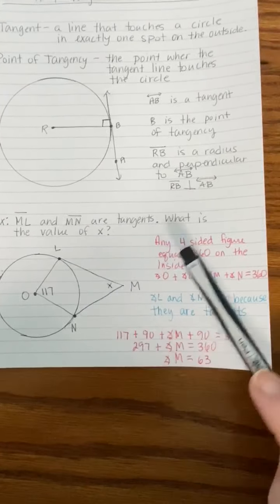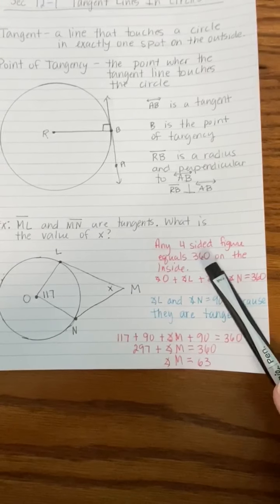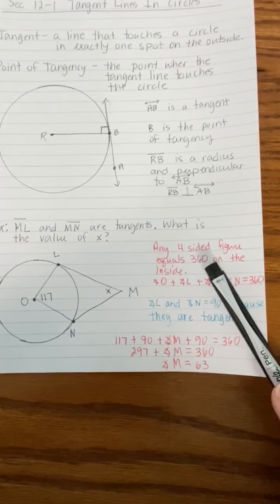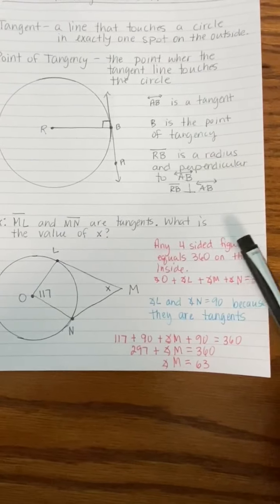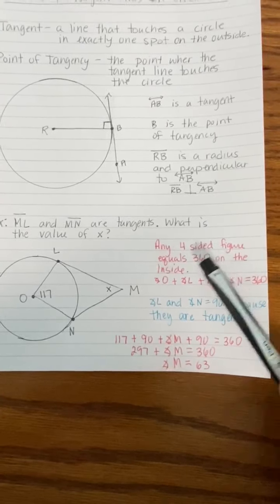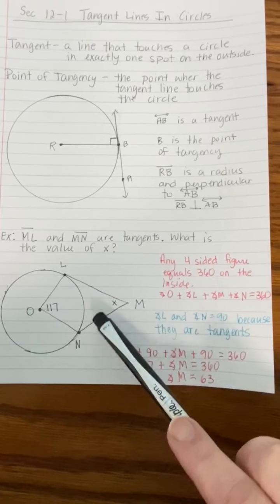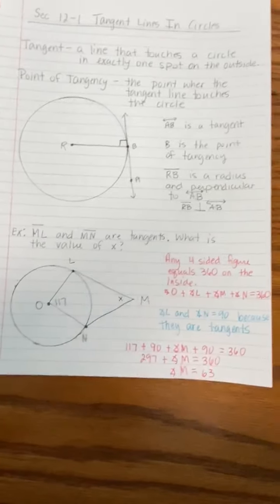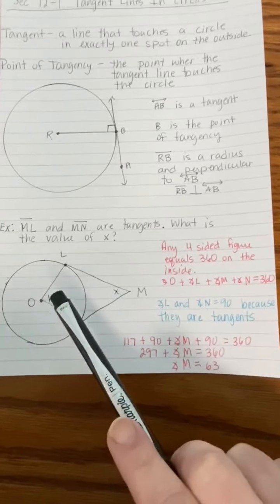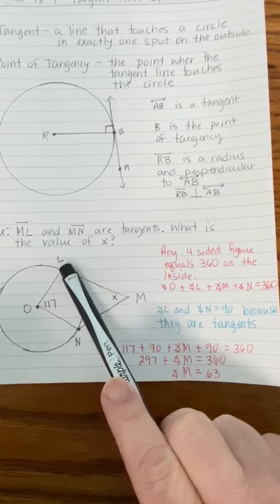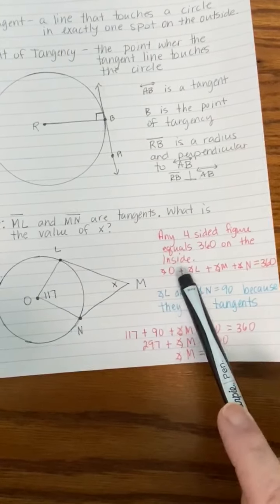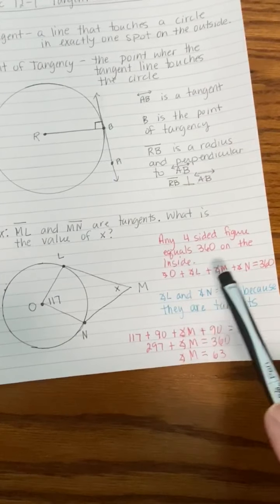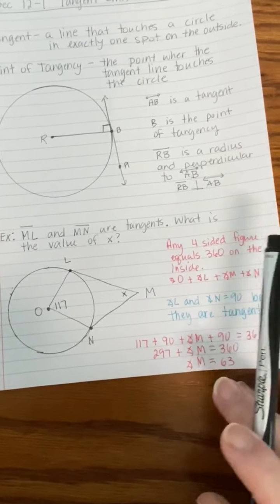We learned back in the third 9 weeks that any 4-sided figure is 360 degrees on the inside, like a square and a rectangle. So I can take angle O plus angle L plus angle M plus angle N, add all 4 of those angles, and set it equal to 360.